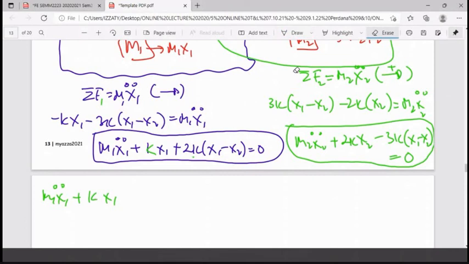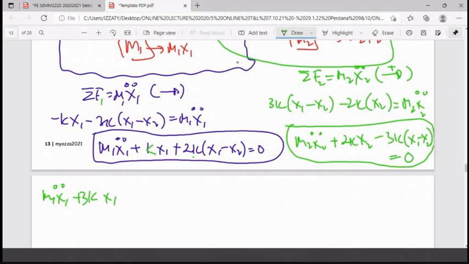So you have K X1, you have 3K also X1, so K plus 2K becomes 3K X1, isn't it? Am I correct or not? This one K and the 2K become 3K X1. So 3K X1. Yes or no?